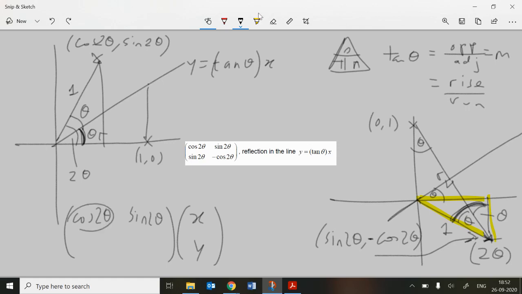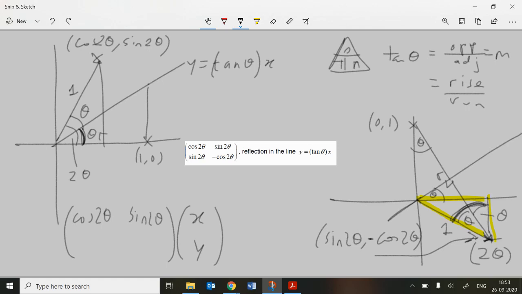The cos 2 theta is the x part, the new x part from the x component there, and this sine of 2 theta is actually coming from here. We're doing sine 2 theta acting on the y there. So that's the new x component that's coming out from acting on that y component there.